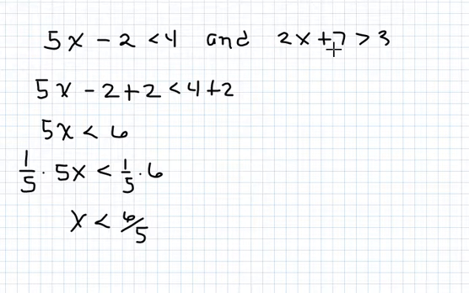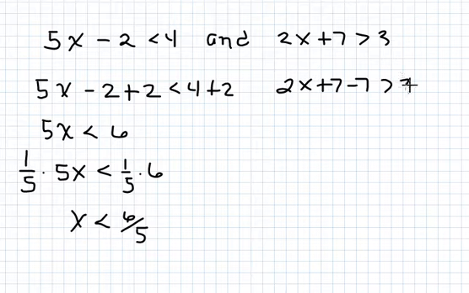Now let's go over here and look at this inequality. We're going to subtract 7, so 2x plus 7 minus 7 is greater than 3 minus 7. And that's going to leave us with 2x is greater than negative 4.